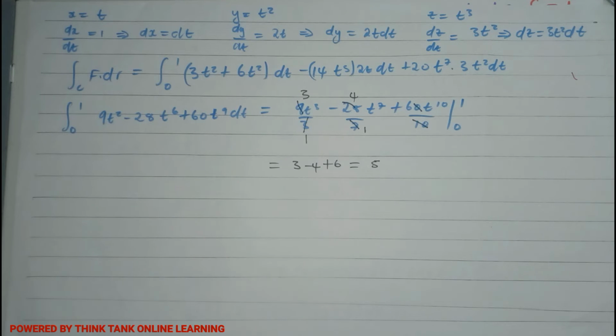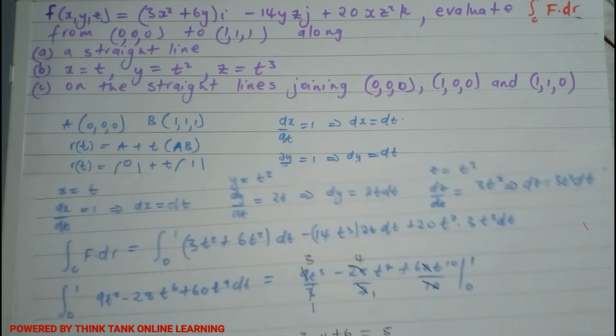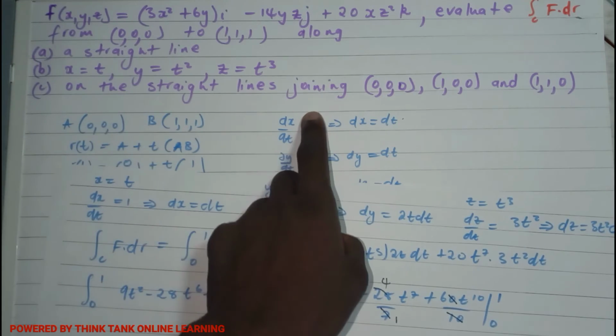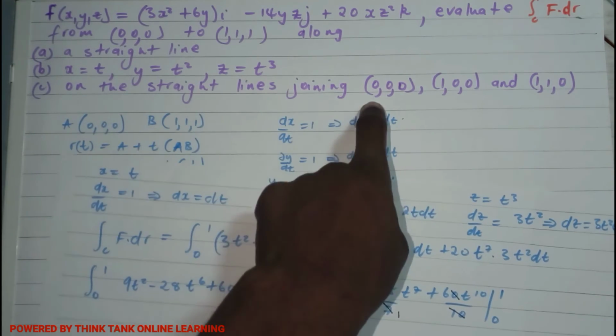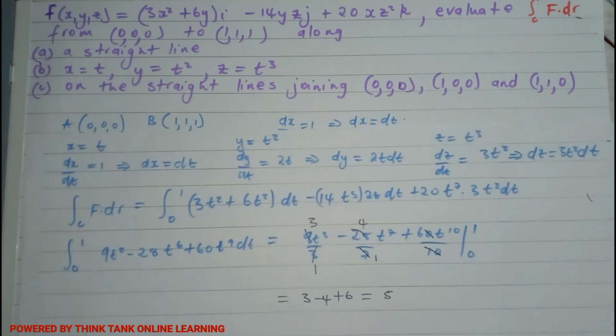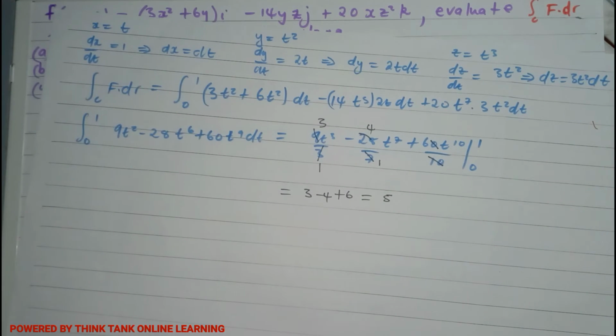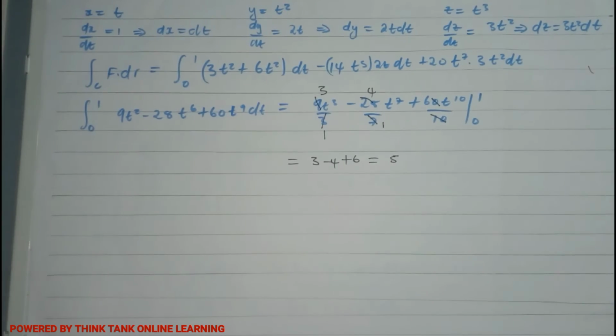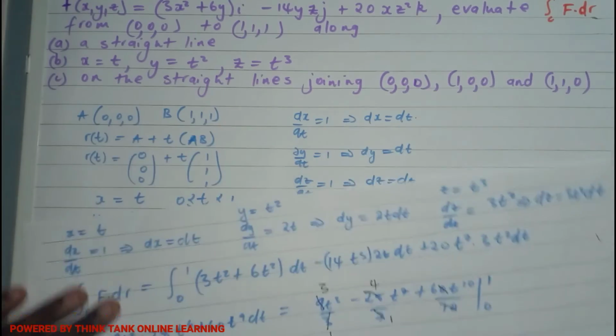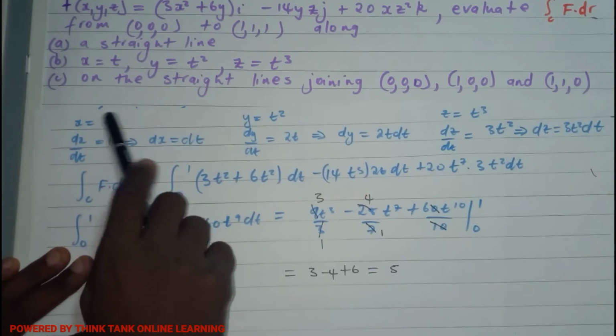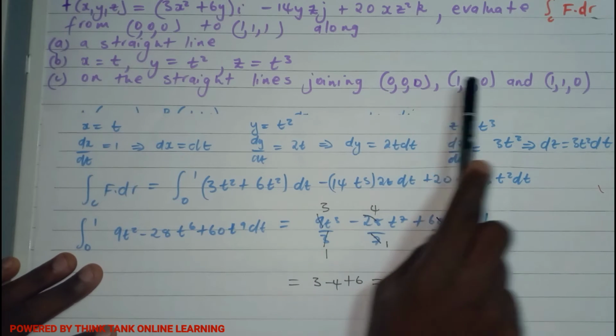Okay, so now we're moving to the next stage. We want to find the work done joining this point to this point. We've got a straight line joining this point and this point.